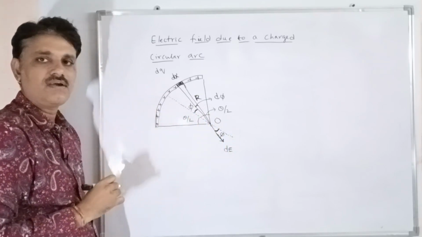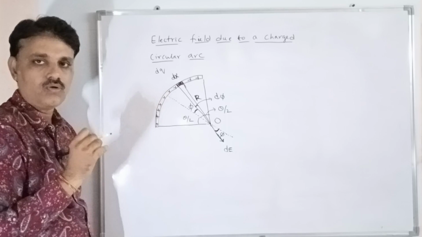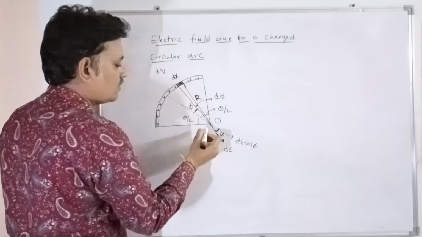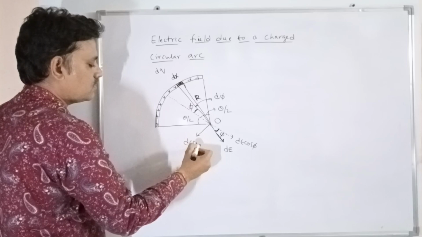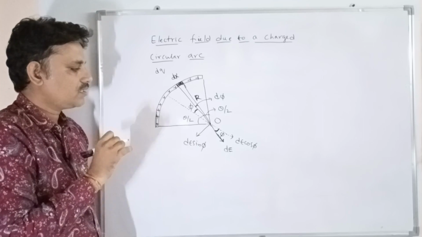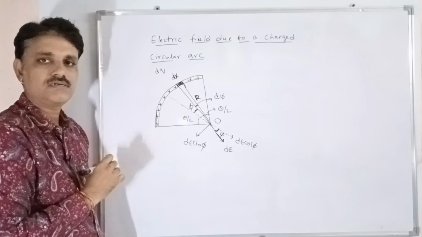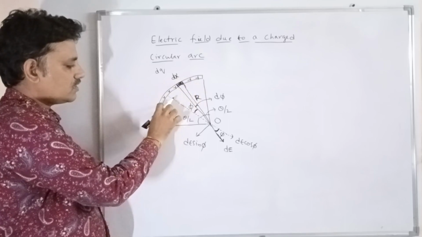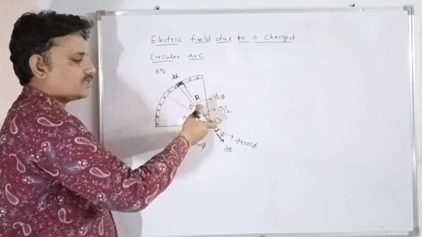So that small electric field is divided into two components. One is dE cos phi and another one is dE sin phi. The dE sin phi components are cancelled, because if you choose the same element on the other side, we get the dE sin phi component in the opposite direction also.